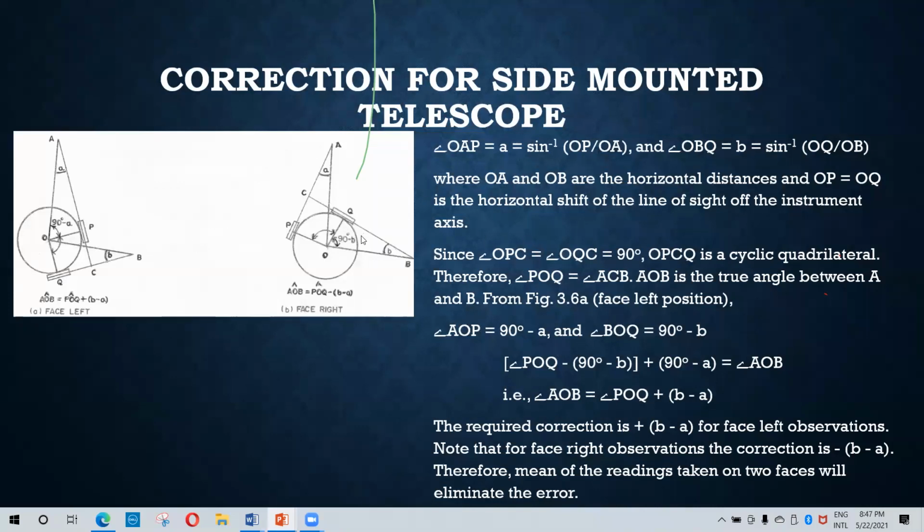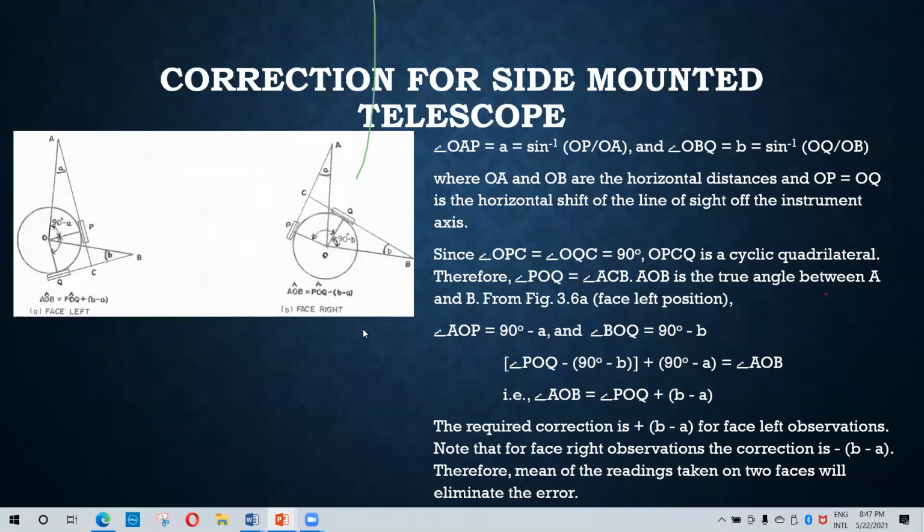And let's say you want to measure AOB, right? If you can measure AOP and add POB, or if you can measure POB and add BOQ, you will get this angle.